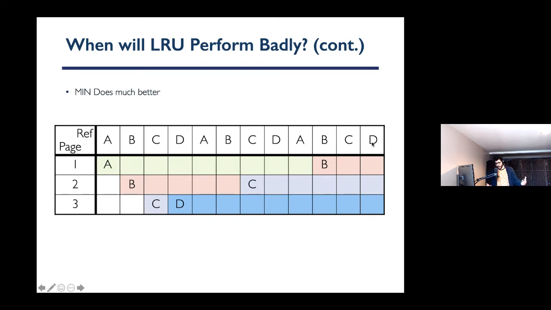The gist of this is to show you that LRU is not precisely min, but again, min is not practical. It requires us to know what's coming in the future, and LRU wants to approximate min behavior by looking at the past. So they're looking at two different things, therefore they make different decisions, right?